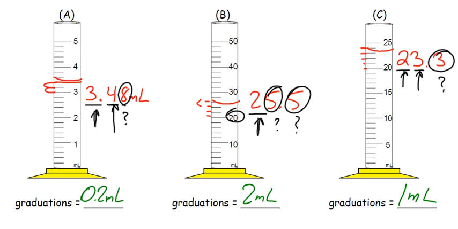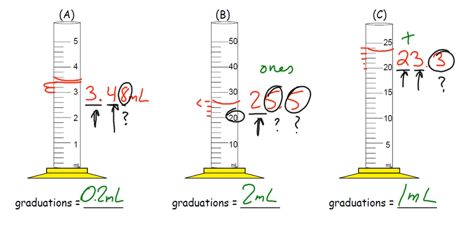Now, if I were to ask you which one of these three graduated cylinders is the most accurate, one thing I would look at is where the uncertain value is. Here, I have an uncertain value in the ones place. If you're uncertain in the ones place, then it's probably not that accurate of a tool.